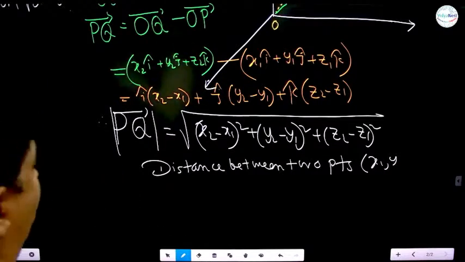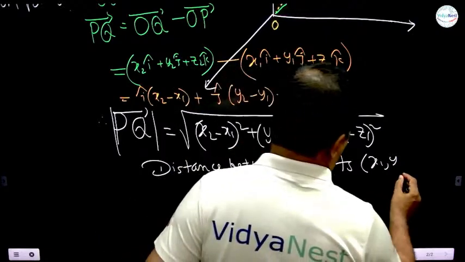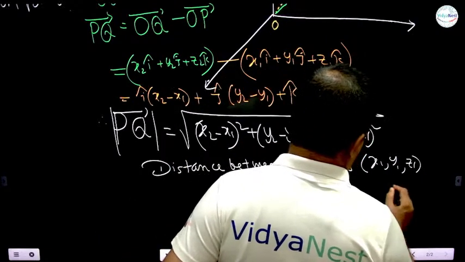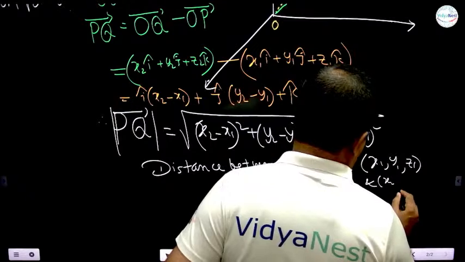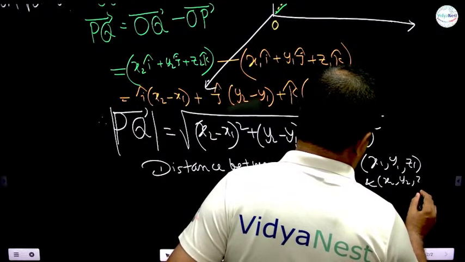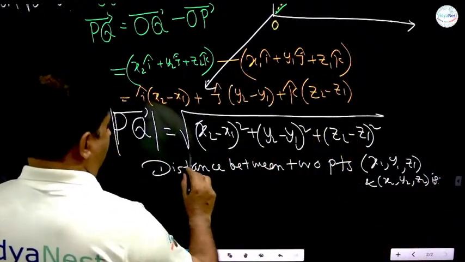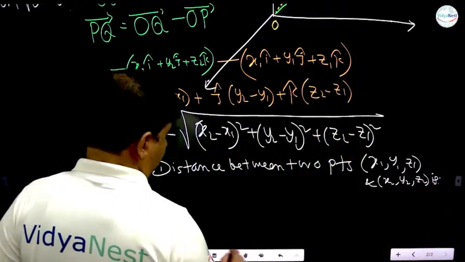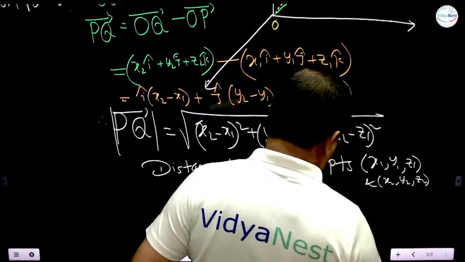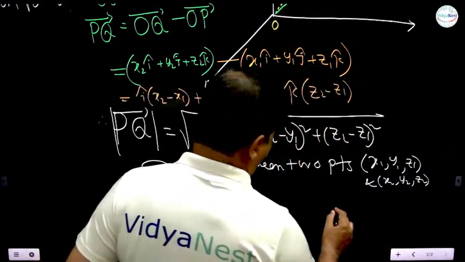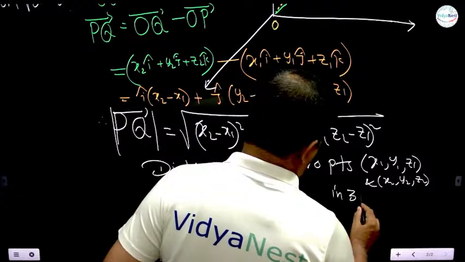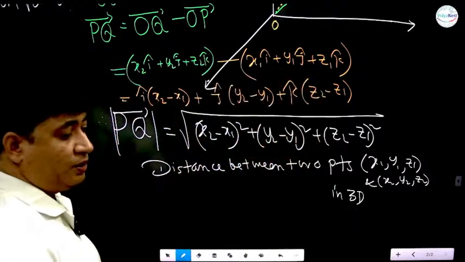Distance between 2 points in 3D. So this is the distance between 2 points in 3D.